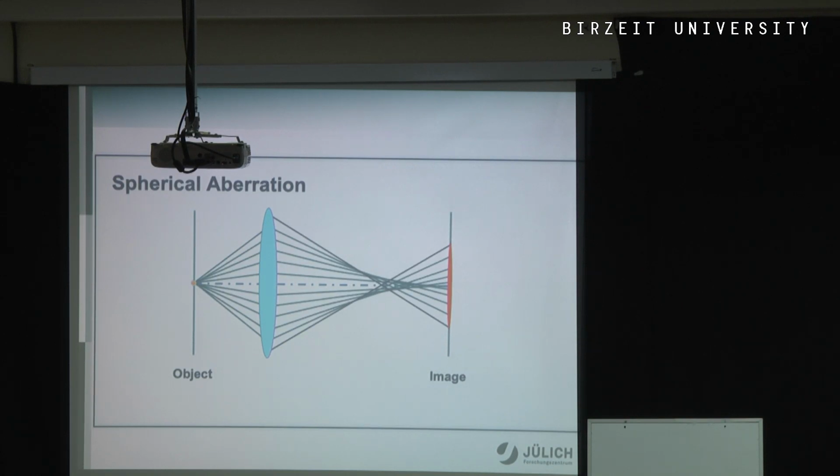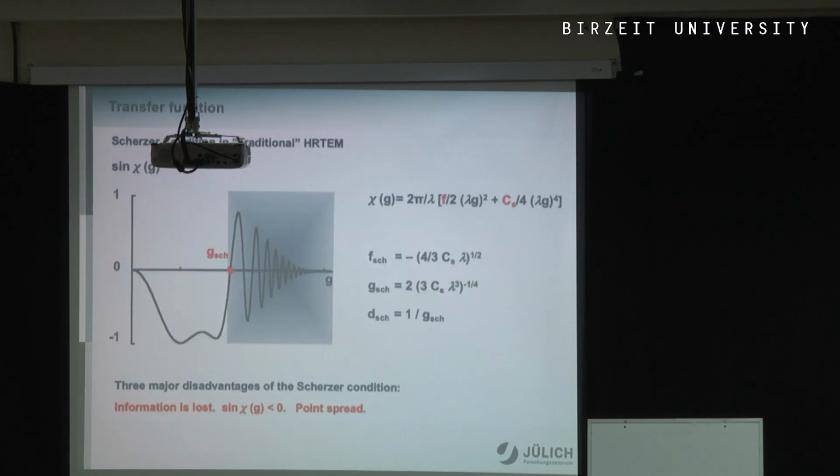With aberrations, it's a little bit more complicated, and in electron microscopy, you normally describe resolution in terms of what is referred to as an aberration function, and specifically, you plot the sine of an aberration function.